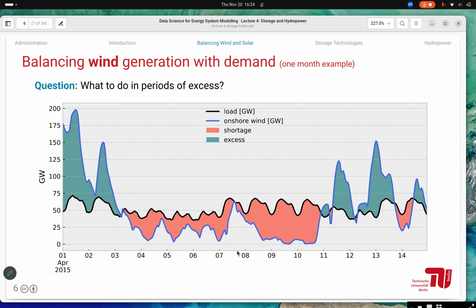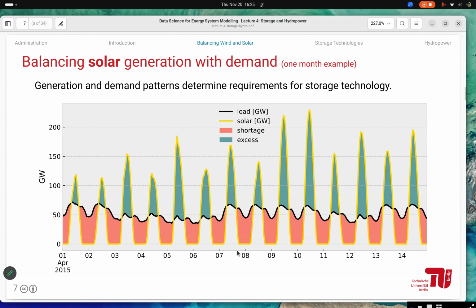And this relates to the beginning of the course, where we looked at the individual time series. This mismatch, depending on what your resource mix is, whether it's wind heavy or solar heavy, can be highly influenced by this resource mix. So for example, if I now switch to a 100% solar system, in terms of energy, the area or integral over this time period, you still have it balancing out to 0.